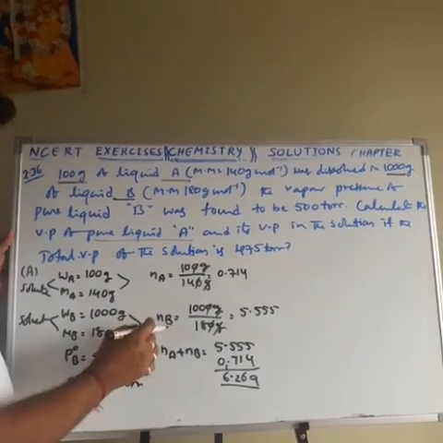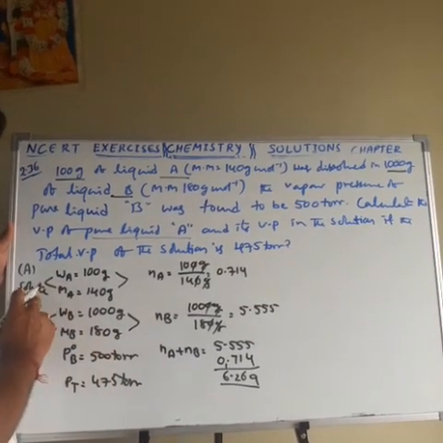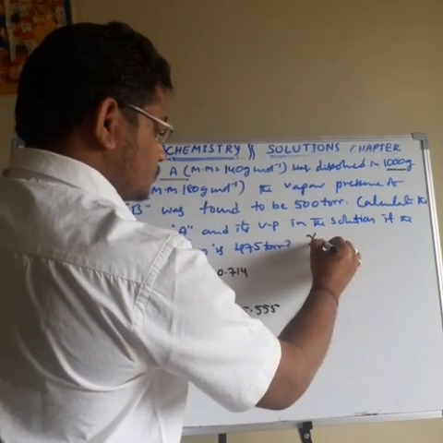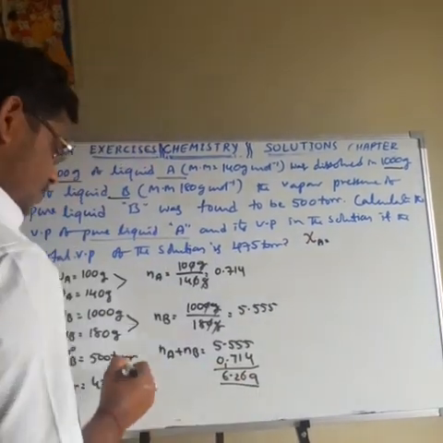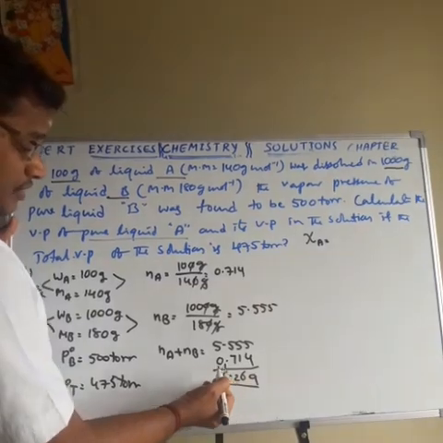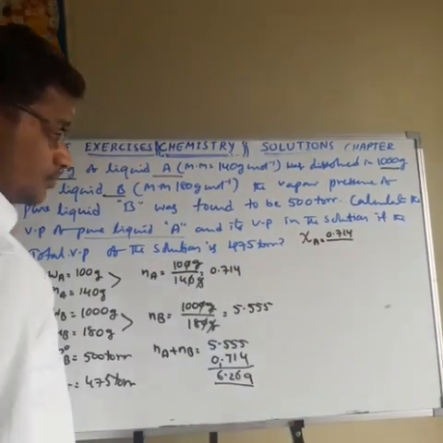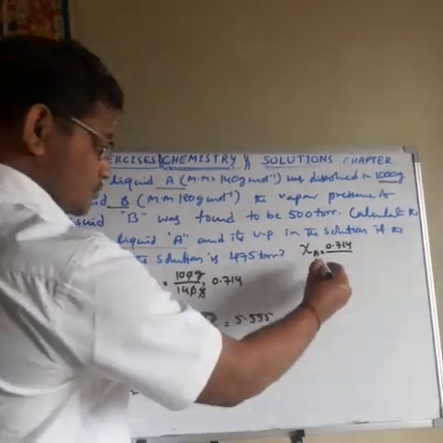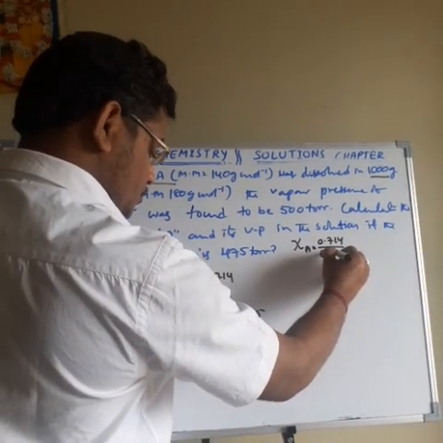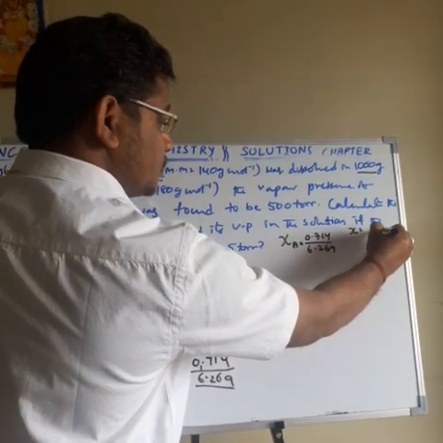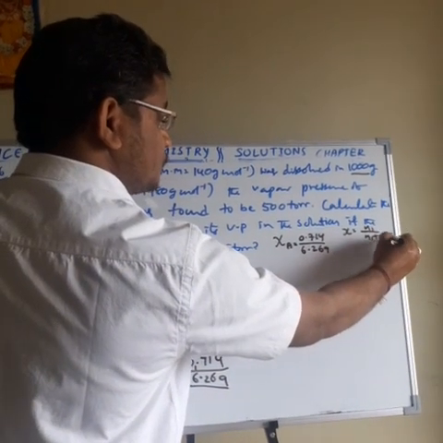Next, by using these numbers of moles we have to calculate the mole fraction of solute and mole fraction of solvent. So the mole fraction of the solute A is the number of moles of solute, 0.714, by the total number of moles, 6.269. Mole fraction is equal to N1 divided by N1 plus N2.